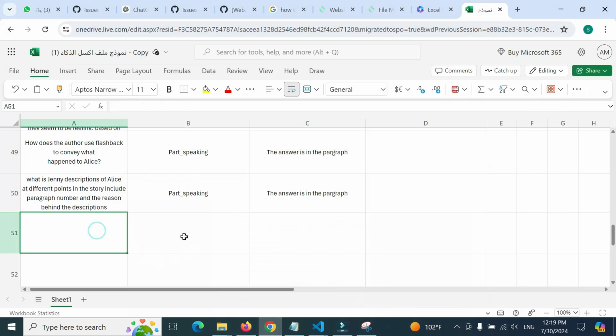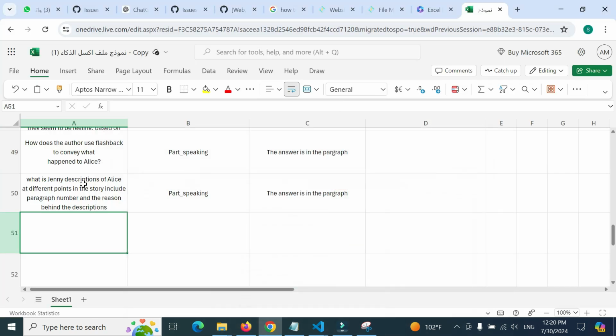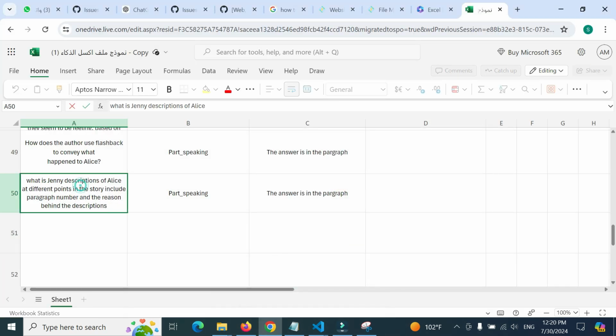Okay. So now after we make this question, it becomes easier to do these three more characters, because actually it's copy paste.